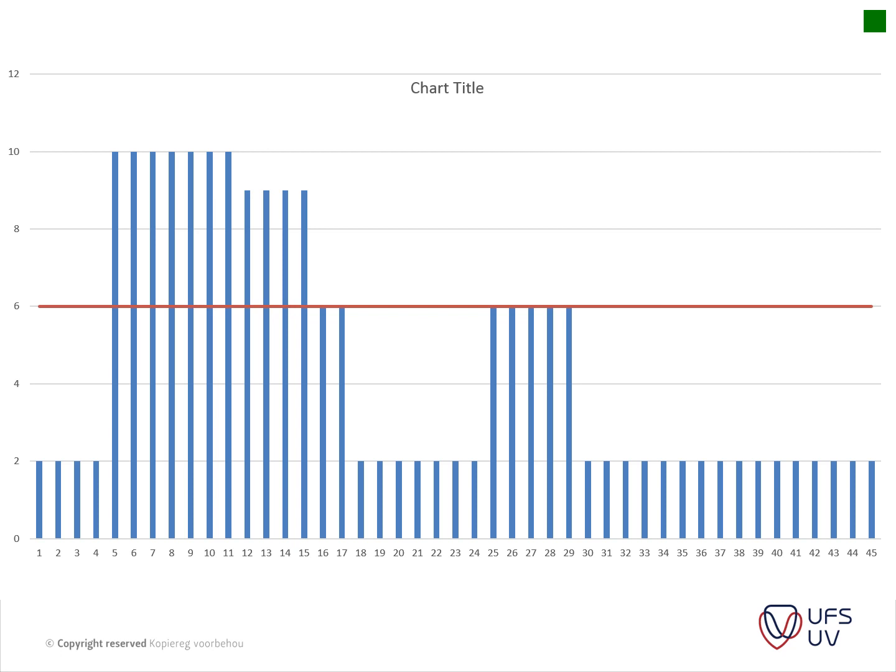Okay, so here's the line that I just drew in. He only has 6 laborers available, so obviously he has to make a plan during these peak sessions here and there to level his resources.